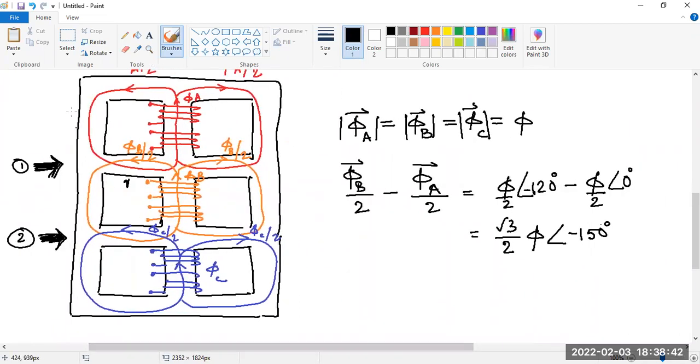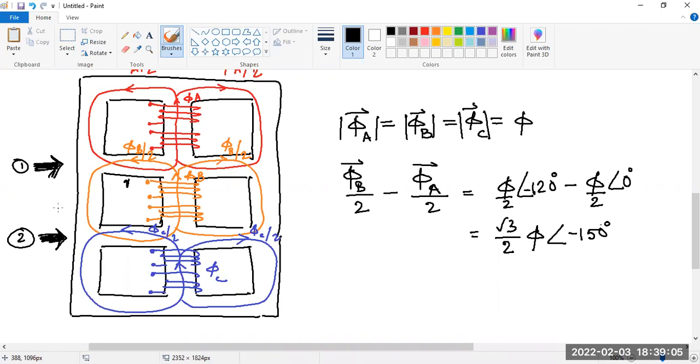Now you see, everywhere the flux flowing is 5/2 in each limb of this transformer, except these two limbs, 1 and 2, where the flux is √3/2.